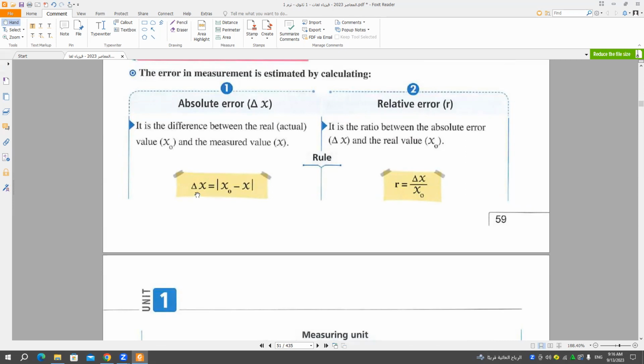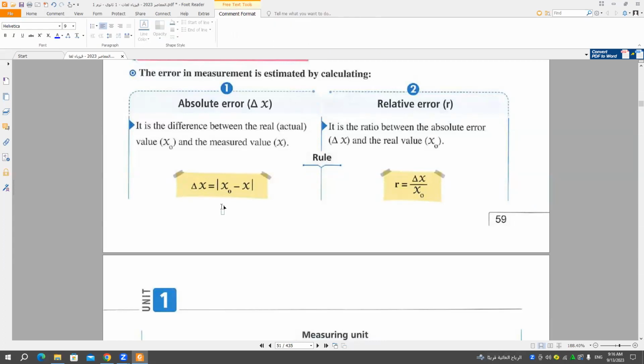For example, if you want to measure the mass of a metallic ring equal to 3 grams, and you ask your friend to measure the mass of this metallic ring, and he says its mass equals 3.2.